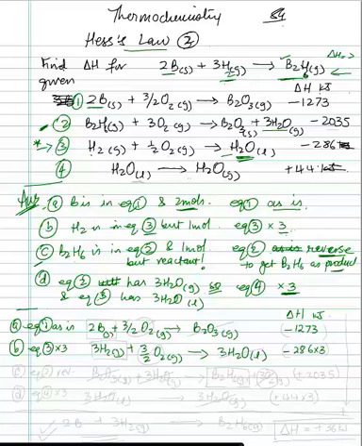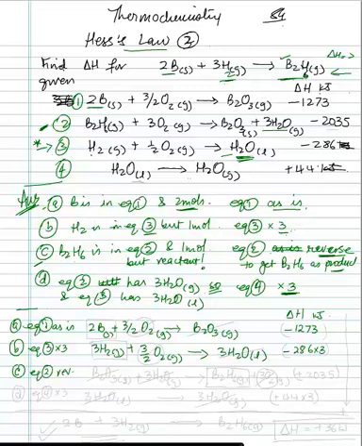Then our next thing was the B2H6, and the B2H6 borane is in equation 2. So equation 2 we were going to reverse. The mole ratio doesn't change, we still have the 1 mole.